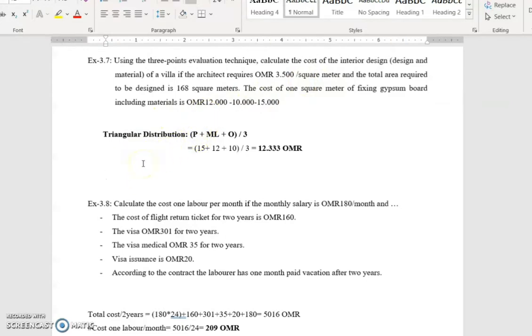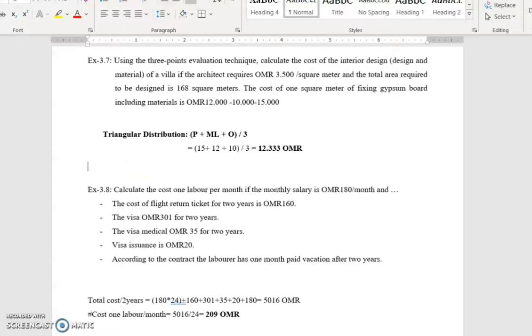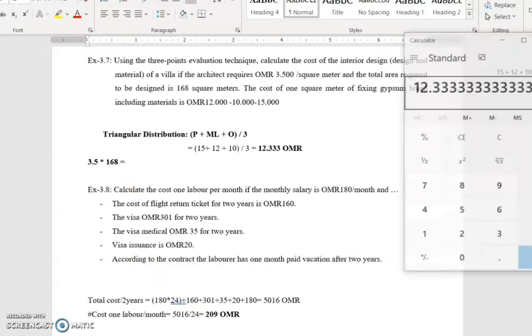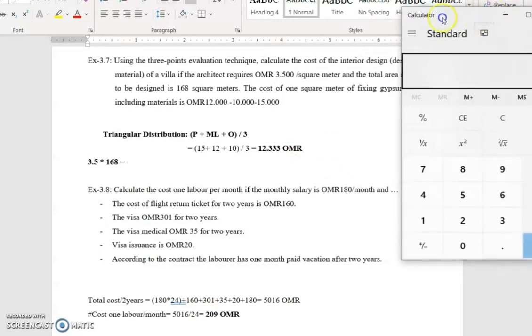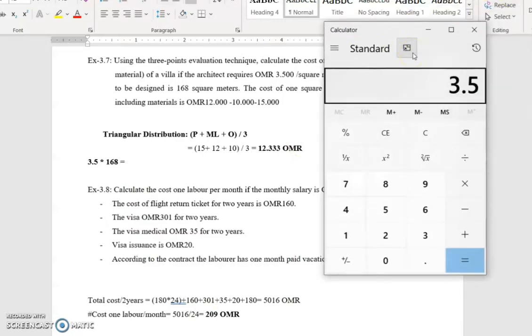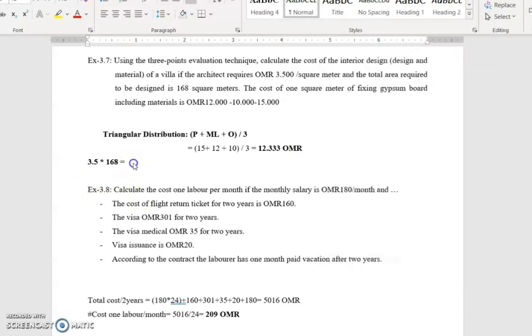Now, I want to know the cost of the design. 3.5 into 168 equals, this is the cost of design, 588.